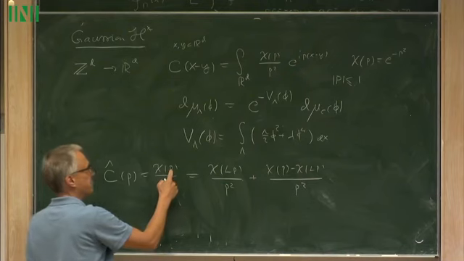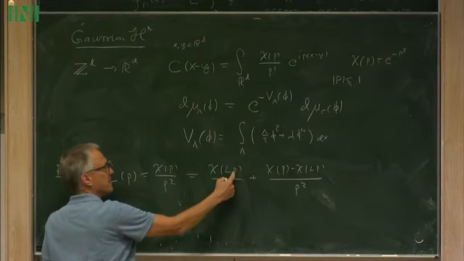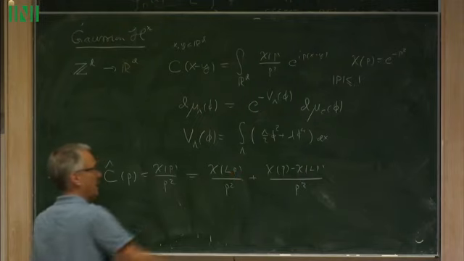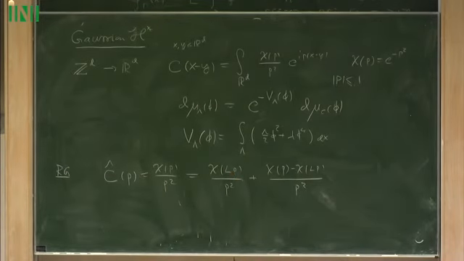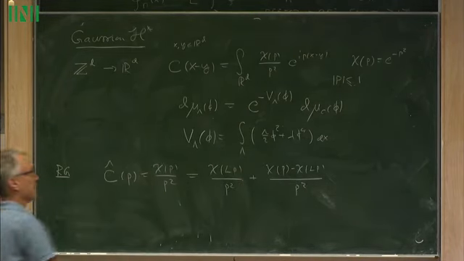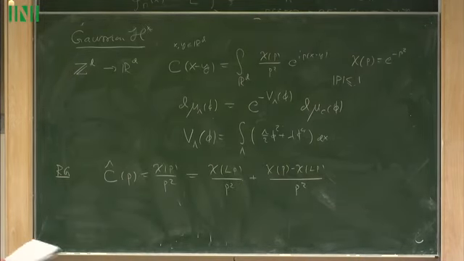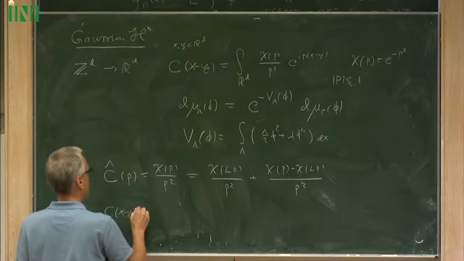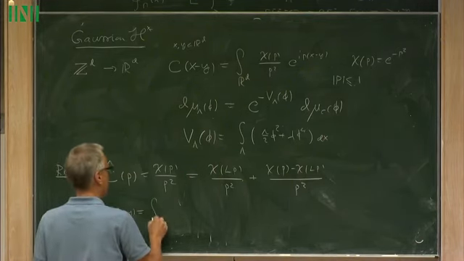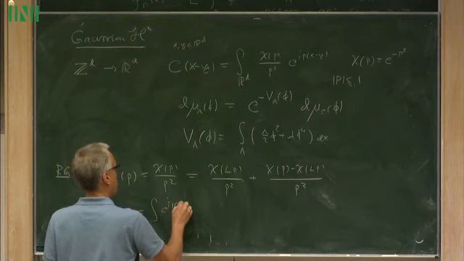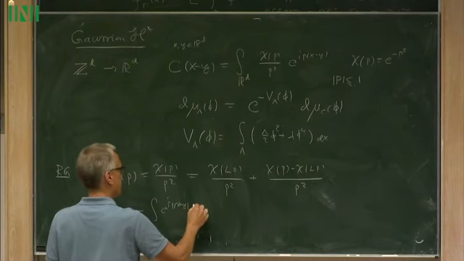So this has a cutoff p less than 1 over L, and here p is between 1 and 1 over L, basically. Well, you can write that, of course, in Fourier transform: x minus y is the integral of e^{ip(x-y)} of this thing here.